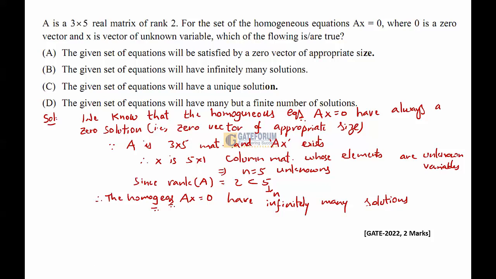Ax equal to 0 means the given homogeneous system, that is, the given set of equations, has infinitely many solutions. Similarly, a zero solution always exists for any homogeneous system. Okay, so this is the answer, zero solution as well as infinitely many solutions for this problem. Accordingly, the option B is the answer. This is the end of the question.